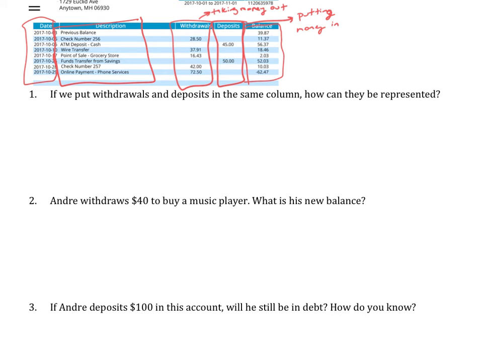So instead, we would use negatives to represent the withdrawals. This way, when they all line up, anything that's a withdrawal will be a negative number. Anything that's a deposit would be a positive number.